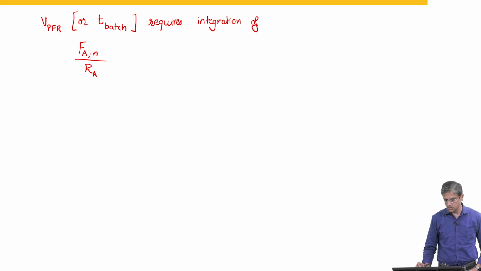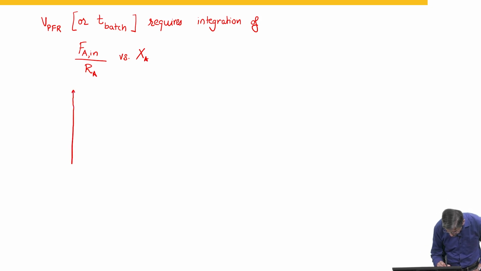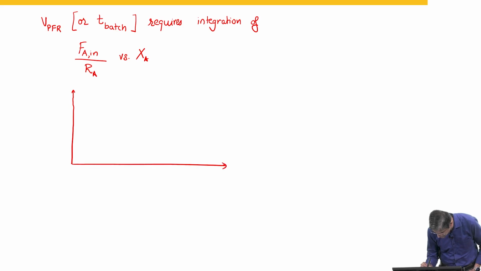Okay, this is what requires integration when we are plotting this versus conversion XA. Okay, how can we do the integration? This is something we had talked about in Excel. Okay, let us say the curve is like this and you want to do this integration.